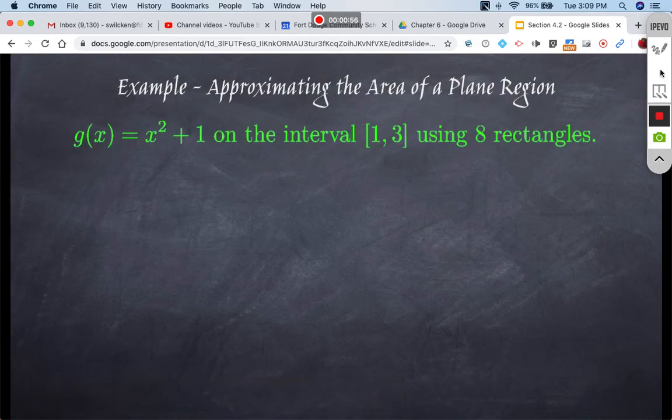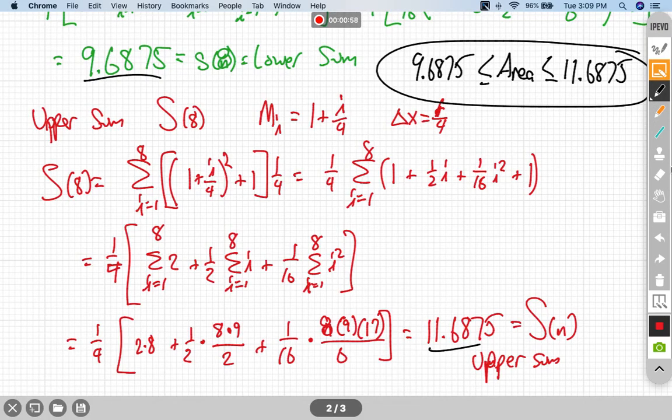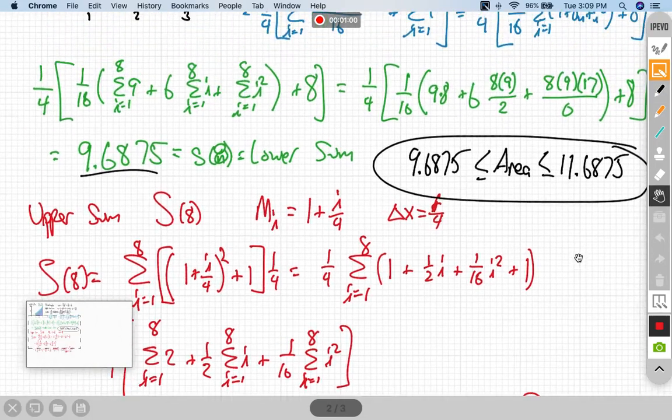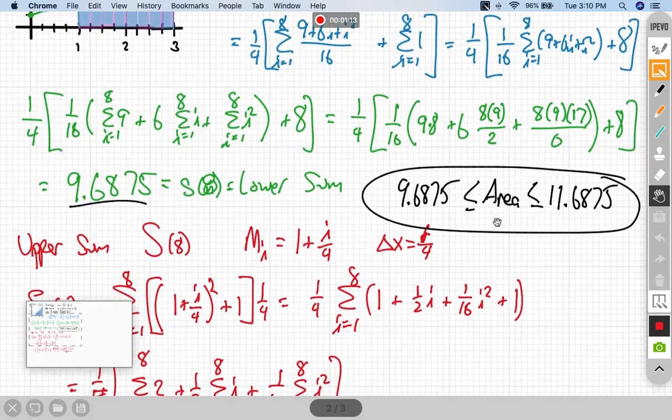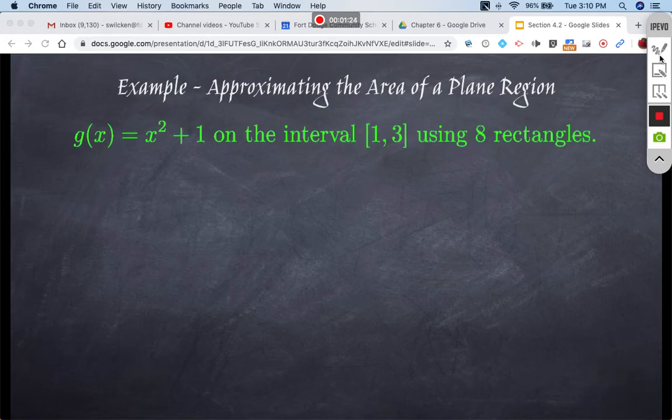We did that with this example here, and this was all of our lovely work, where we used the left-hand side of the rectangles to do the lower limit and the right-hand to do the upper limit, and we found our area was between 9.6875 and 11.6875.